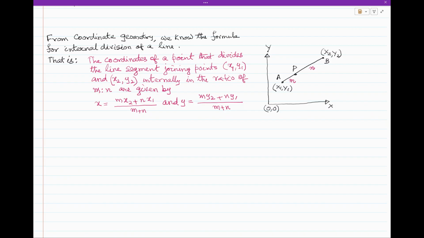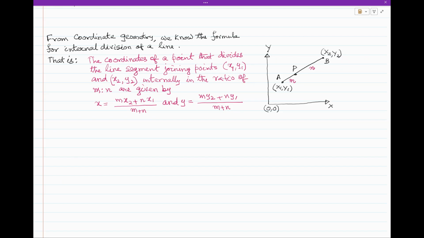The coordinates of a point that divides the line segment joining points x1, y1 and x2, y2 internally in the ratio m:n are given by x equal to (m x2 plus n x1) divided by (m plus n), and y equal to (m y2 plus n y1) divided by (m plus n).